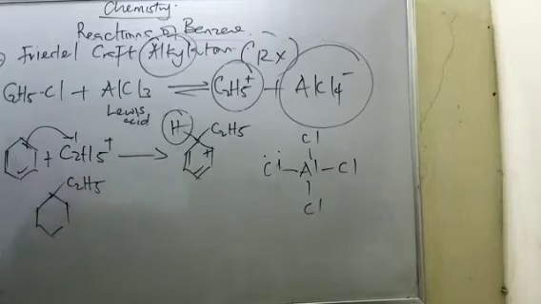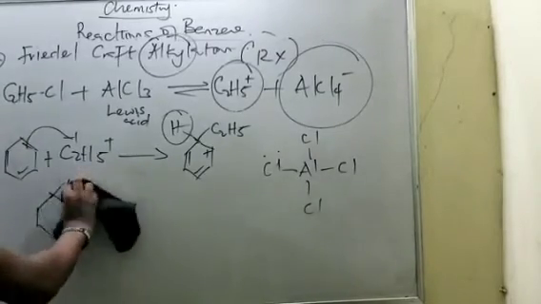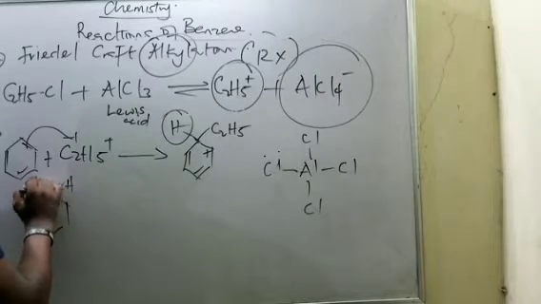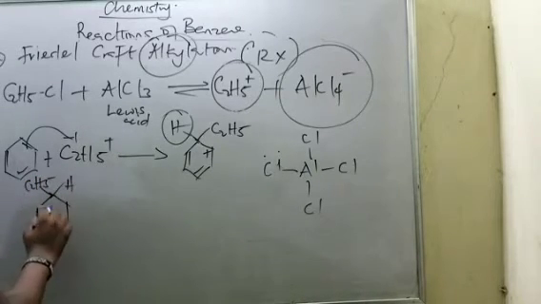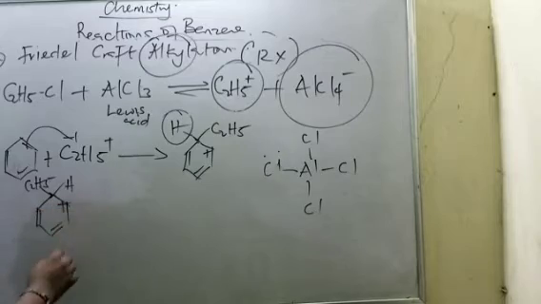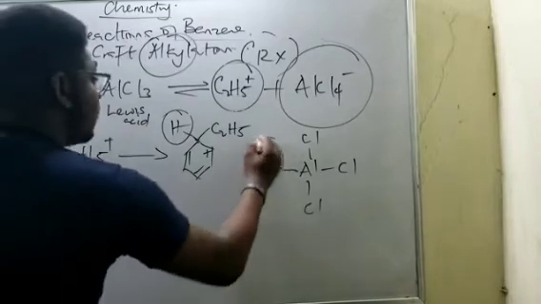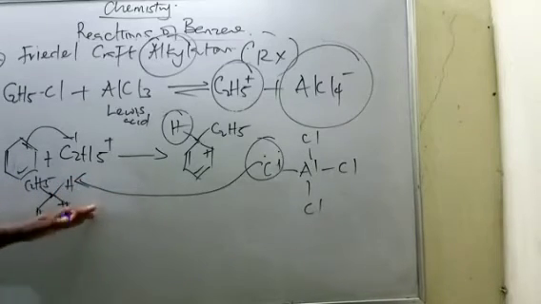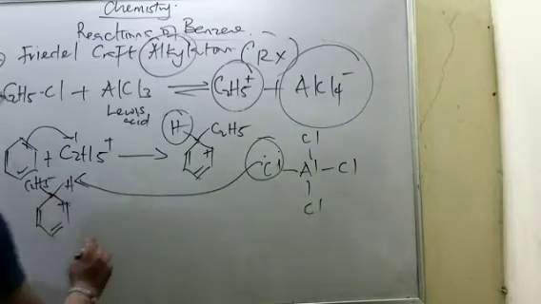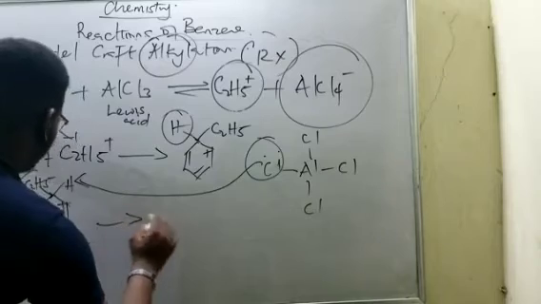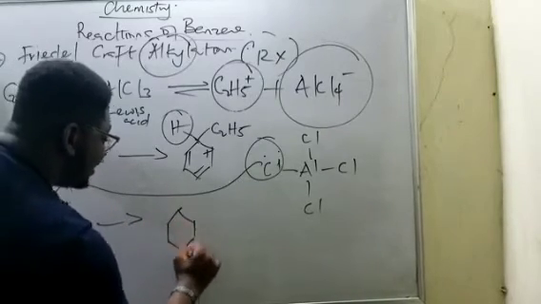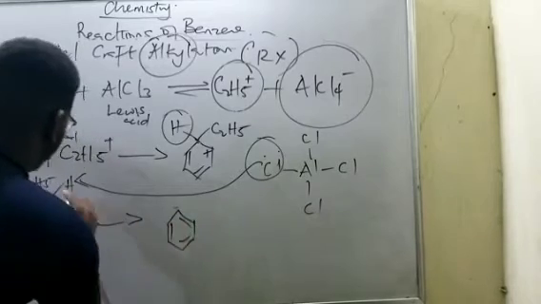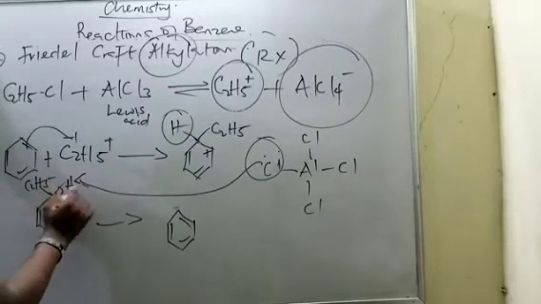We have C2H5. It will be better for me to put my hydrogen on this side. So we have hydrogen, C2H5, then one of these chlorines picks up the hydrogen. After picking up the hydrogen, we have the formation of our alkylated benzene, because when it picks up the hydrogen, the bond drops.